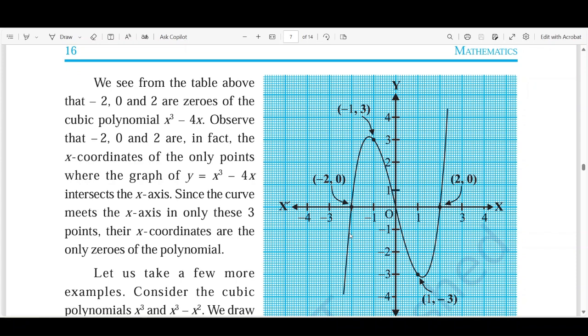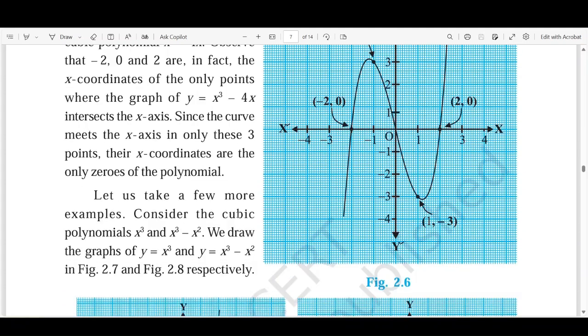From the graph you can observe that this graph intersects the x-axis at three different points: minus 2, 0, 0, 0 and 2, 0. So for the x values minus 2, 0 and 2, the graph intersects the x-axis. Therefore, we have three zeros for this cubic polynomial. Fine.